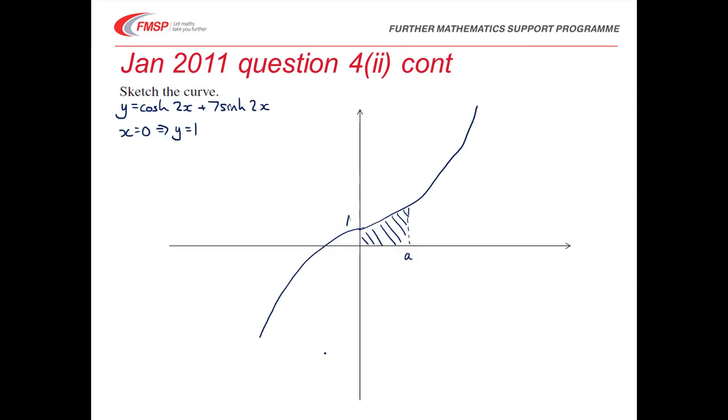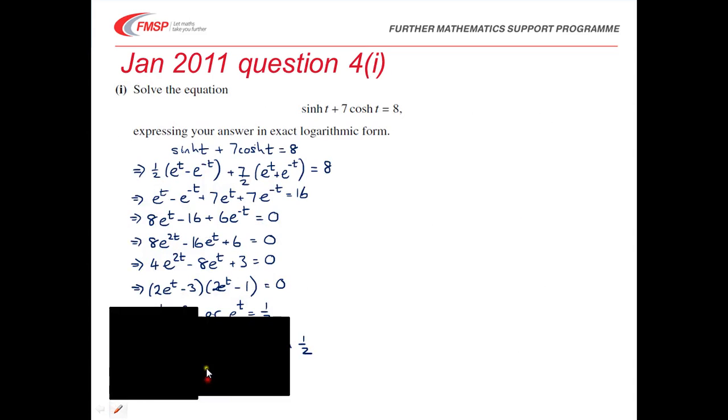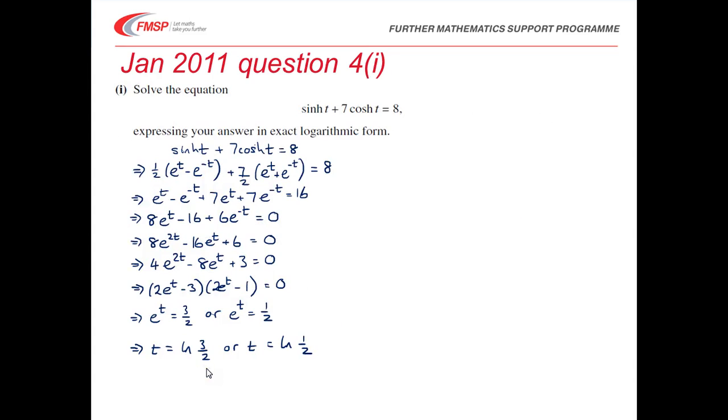Let's see how the mark scheme works for this question. For part 1, there's a method mark for substituting the correct exponential forms. There's then another method mark for getting down to a quadratic in e to the t.